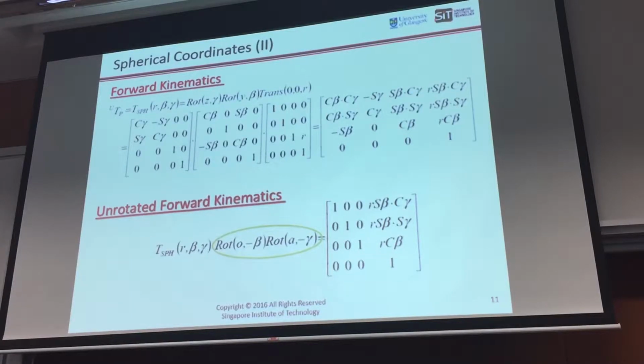From this you can look at tangent beta, which is sine beta over cos beta. But this will be both R, which is Px over cos gamma, over Pz.